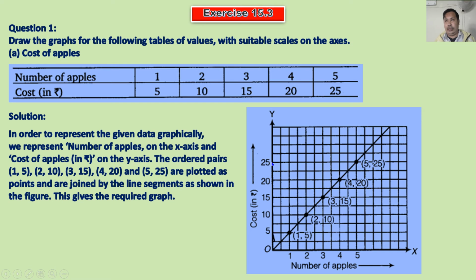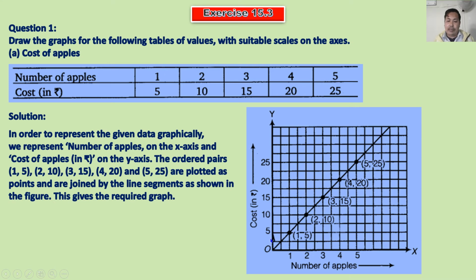For that, every 1 unit will equal 5 rupees: 5, 10, 15, 20, 25, like this it goes. Clear?